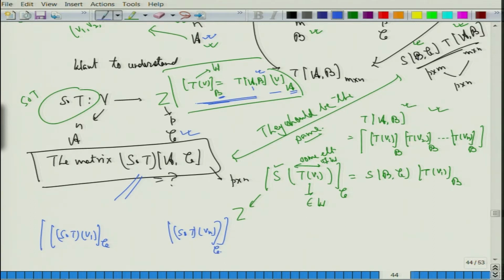Is that okay? So this by definition is equal to S of TV1 with respect to C, and so on, S of TVn with respect to C.